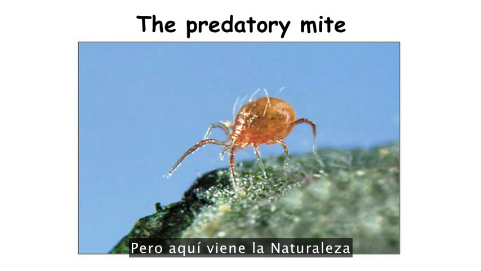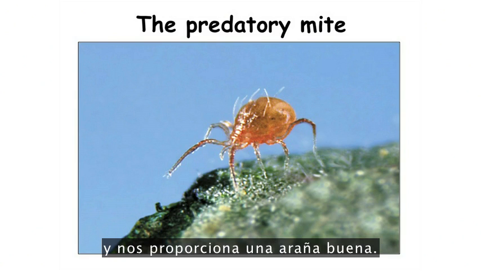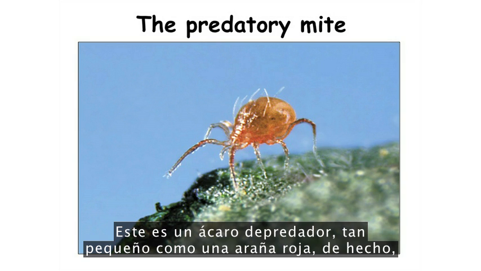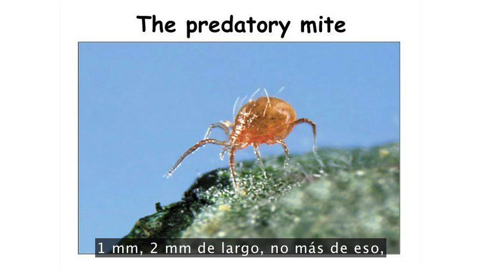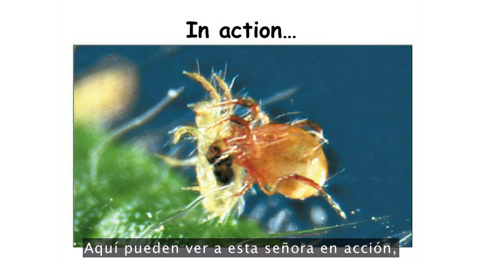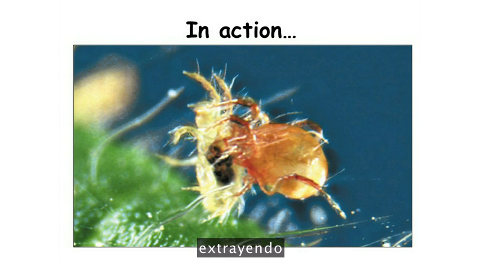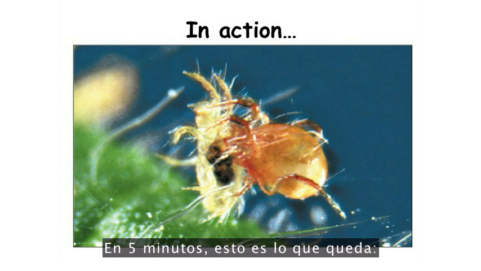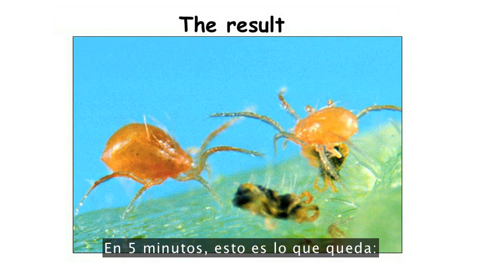But here comes nature that provides us with a good spider. This is a predatory mite, just as small as the spider mite, by the way. 1 millimeter, 2 millimeters long, not more than that. Running quickly, hunting, chasing the spider mites. And here you can see this lady in action. On your left-hand side, she pierces and sucks the body fluids of the pest mite, and after 5 minutes, this is what you see.